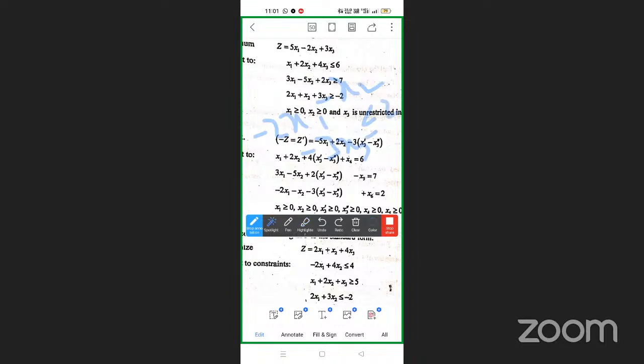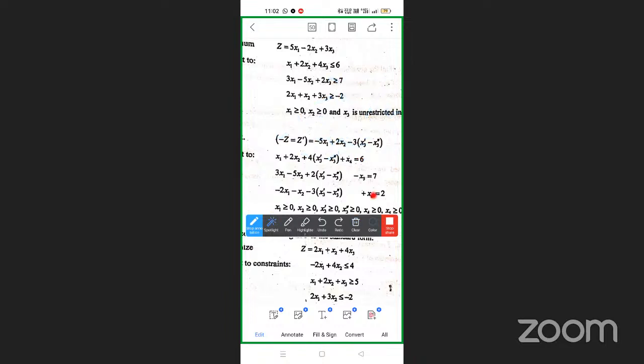Greater than or equal to is converted into less than or equal to. So here minus 2x1 as it is, minus x2, minus 3 into x3, which is x3 dash minus x3 double dash. Here less than or equal to is there, so we add plus x6 is equal to 2. So these are the inequalities converted to equalities.